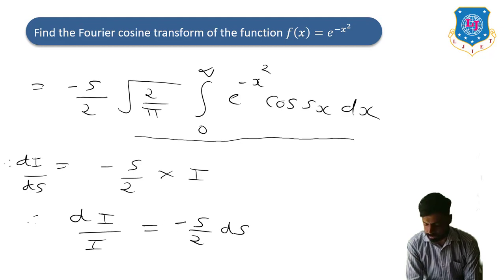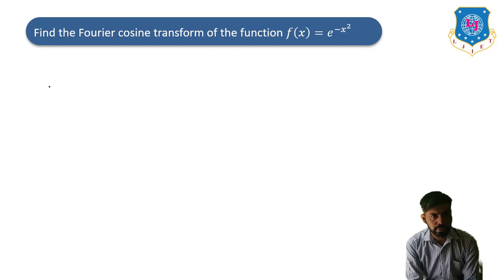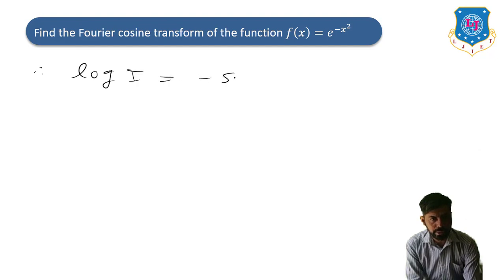Taking integration on both sides, the integration of 1 upon I will be log I. Okay. And the integration of minus s by 2 will be minus s square by 4, because the integration of s is s square by 2, plus a constant, and suppose that constant is log capital A.